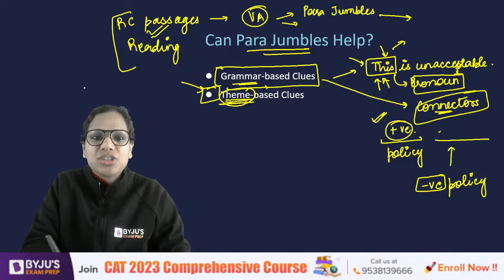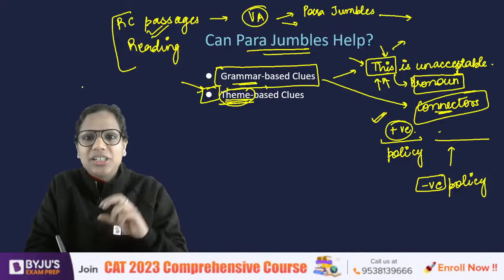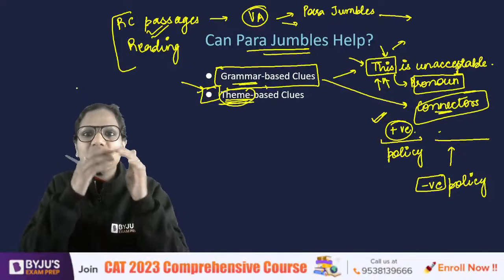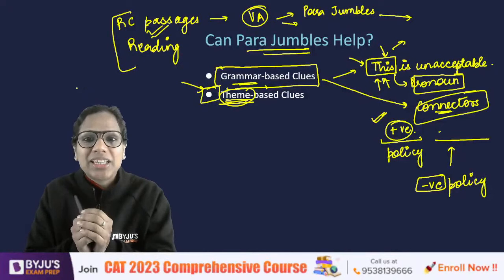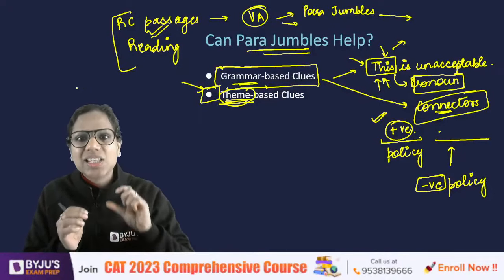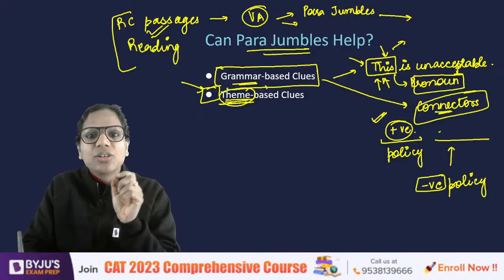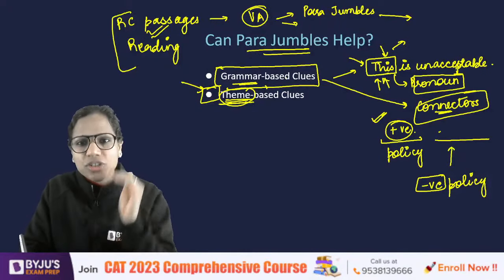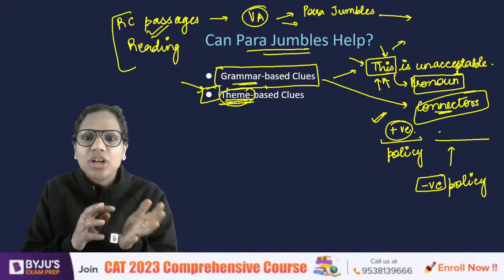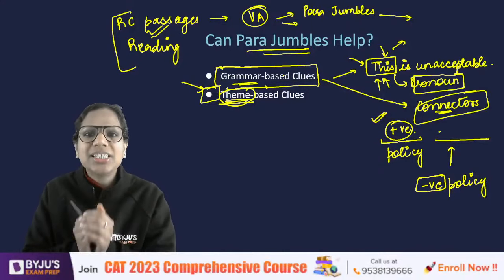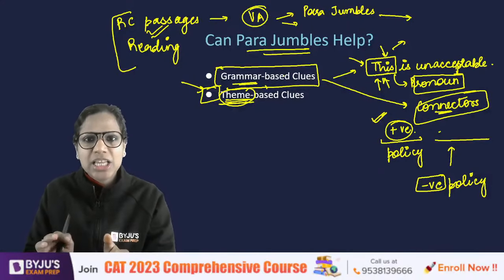So, theme based clues. When certain words are repeated, certain ideas are repeated, certain ideas are contrasted on. Understanding the structure of the paragraph. So this was the definition. This is now an example. These are called theme based clues. Structure, repetition of ideas, then comparison, contrast, anything of that sort that is happening. So far, so good?